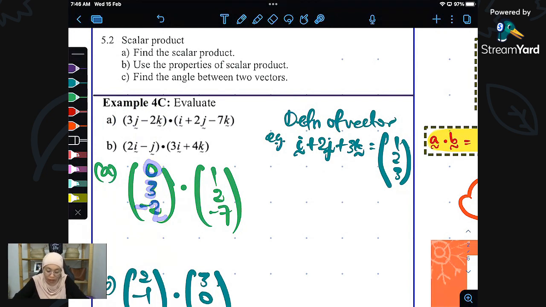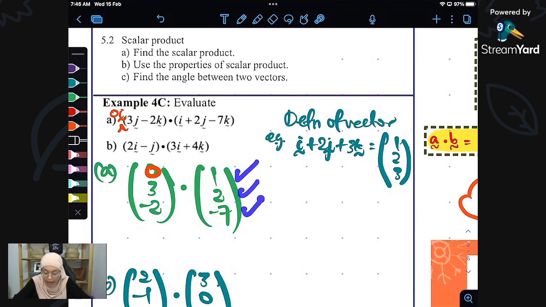How do I know it's 0? It is because we have 0i in front here, meaning zero coefficient of i, and so I know here is 0. And then we dot product it with i plus 2j minus 7k.